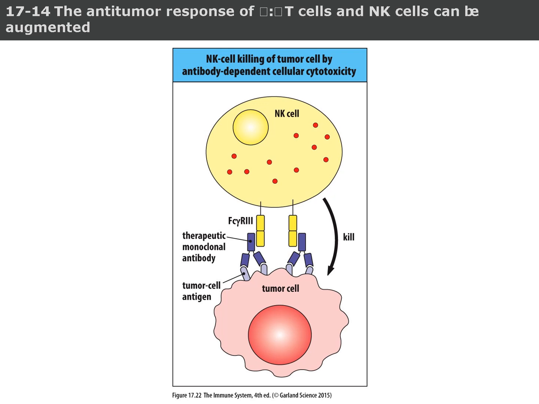The Fc portion of these antibodies is then recognized by Fc gamma receptor 3 on the surface of natural killer cells. Once engaged, the natural killer cell releases cytotoxic granules that directly kill the tumor cell. This strategy enhances the anti-tumor response and is a key mechanism behind the success of several antibody-based cancer therapies.